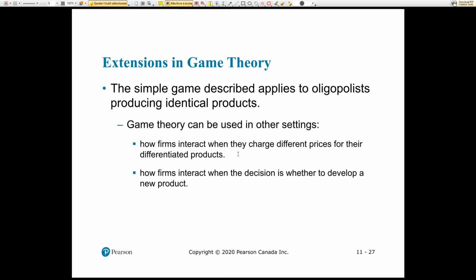This is what we had been discussing earlier, when you can compete in a monopolistic competition fashion. But previously we said we have many firms. What if you have a smaller number of firms that have differentiated products? In that case, they would also have the same sort of analysis.